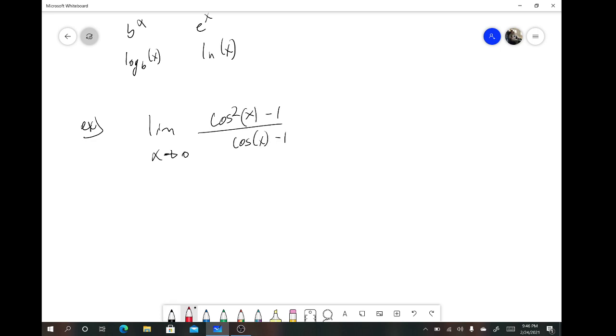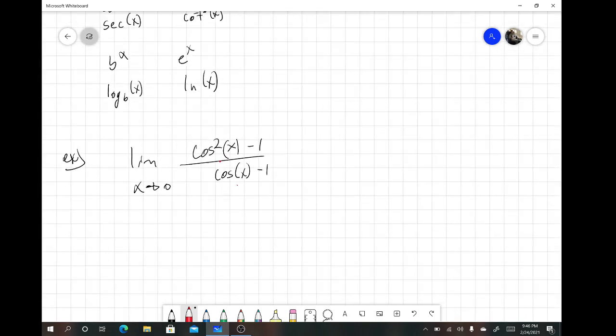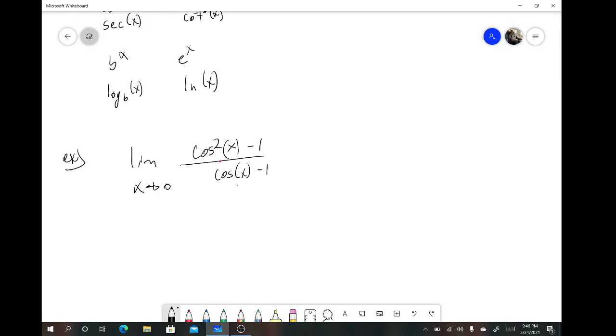Now please do not go ahead and cancel out, because these are two different expressions. This is cosine square of x minus 1, and in the denominator we have cosine of x minus 1. They're completely different, so you cannot just cancel them out.